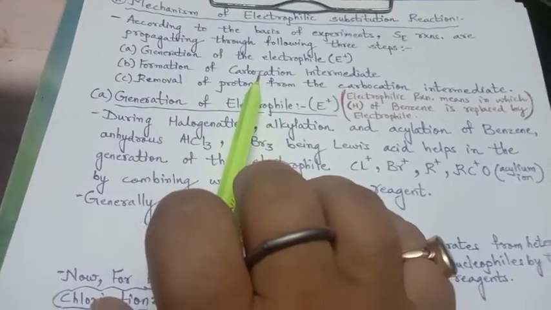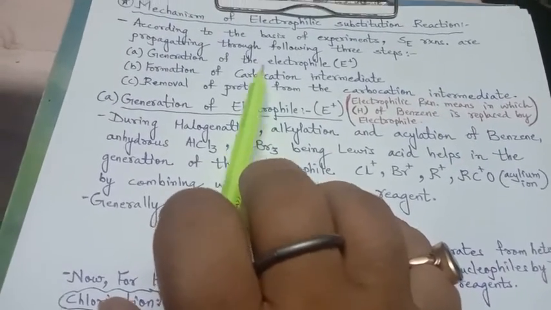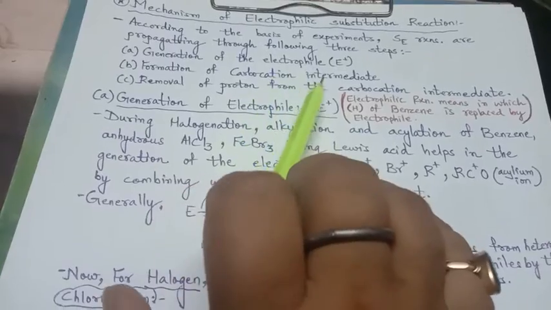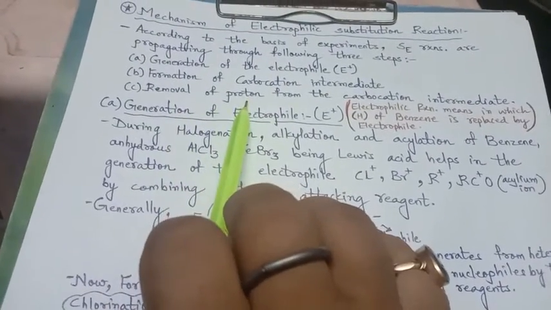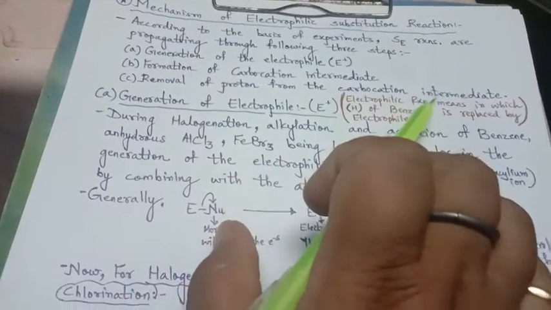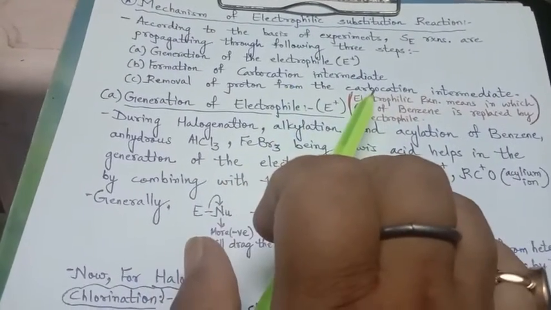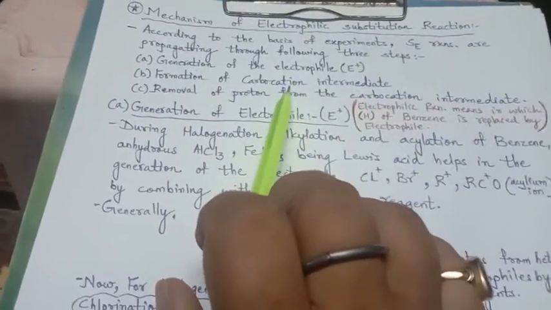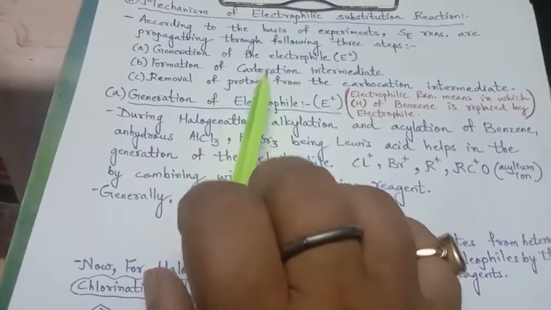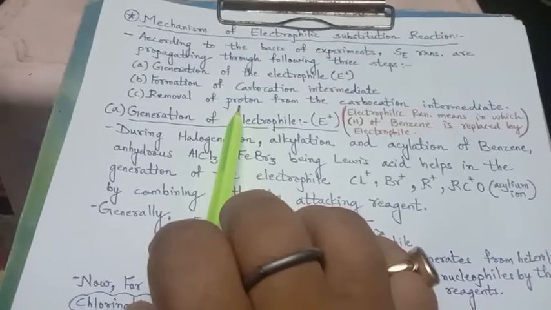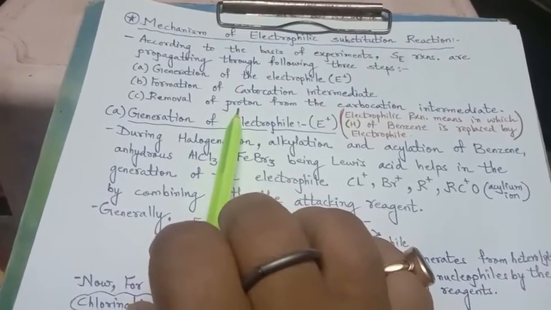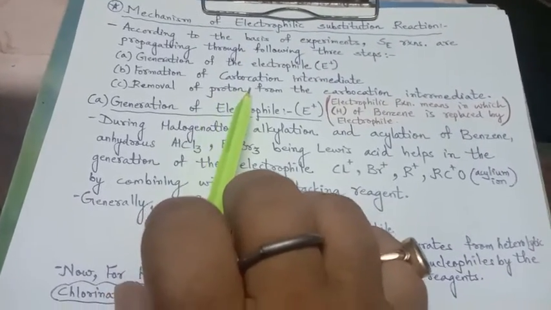That is the intermediate step. So, formation of carbocation intermediate. And at last, the removal of proton from the carbocation intermediate. Whatever carbocation is formed at the intermediate step, then the removal of proton is at the last, and at last the reaction takes place completely.